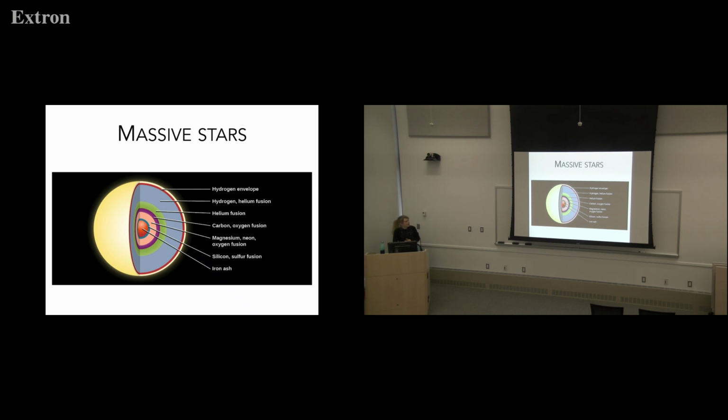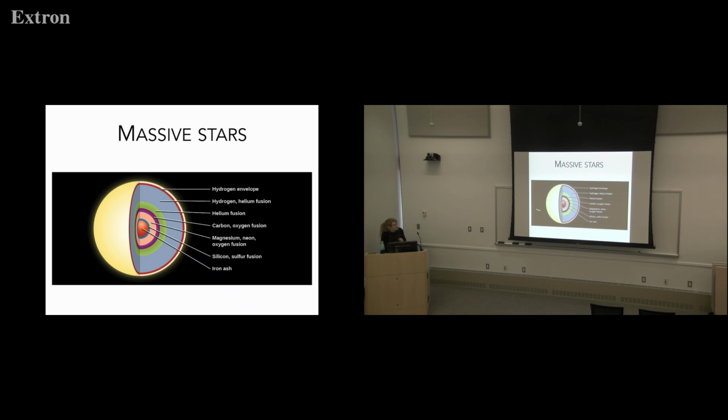On the outside it has hydrogen, and then as you go inwards you get heavier and heavier elements, all burning in these different layers. So we have lots of different nuclei, which have different fractions as you go throughout the star.